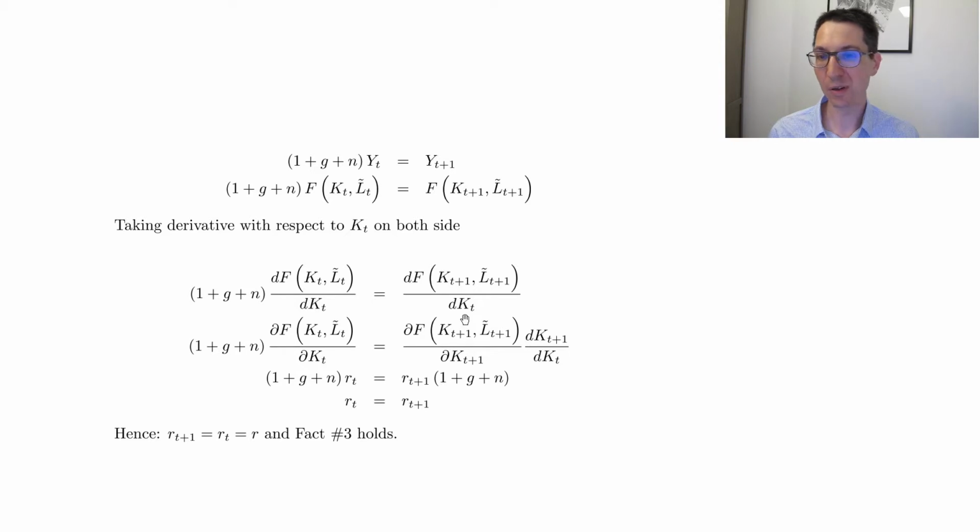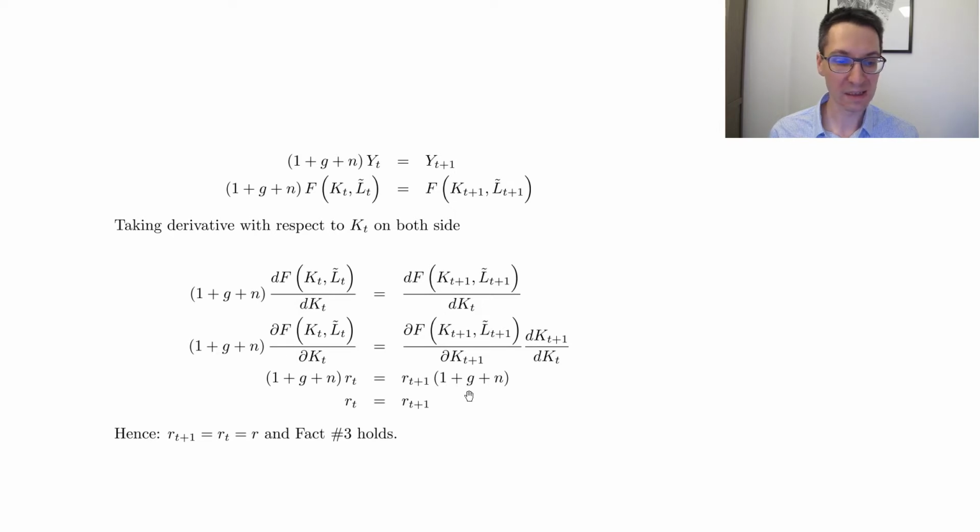So I'm going to use the chain rule and observe that this is exactly the same as dF(K_{t+1}, L tilde_{t+1})/dK_{t+1} multiplied by dK_{t+1}/dK_t. And I can just use the fact that I already computed this. So it's equal to 1 plus g plus n.